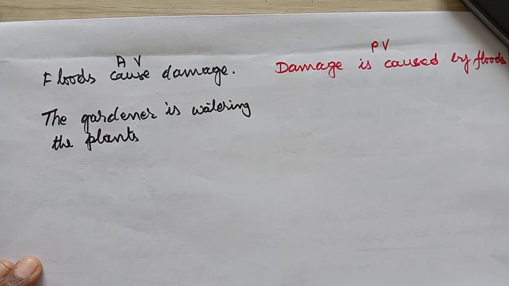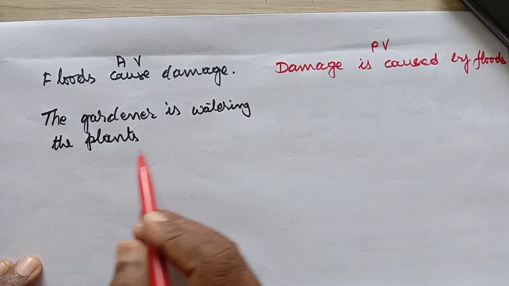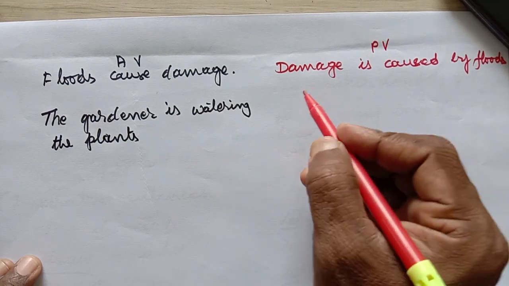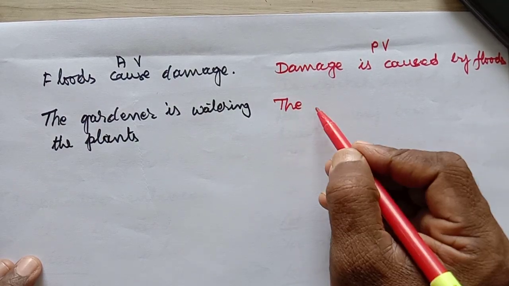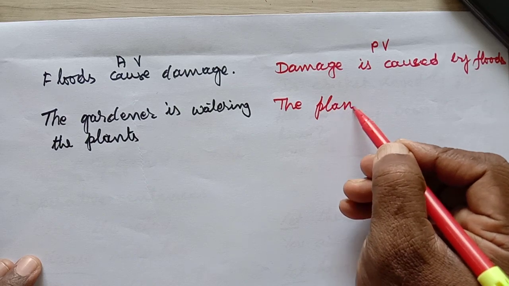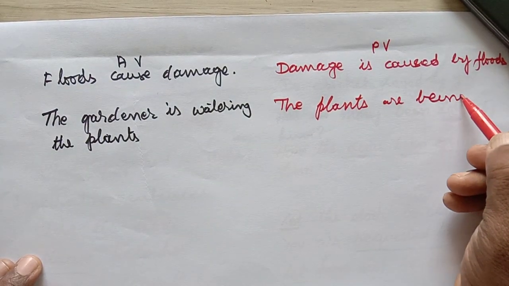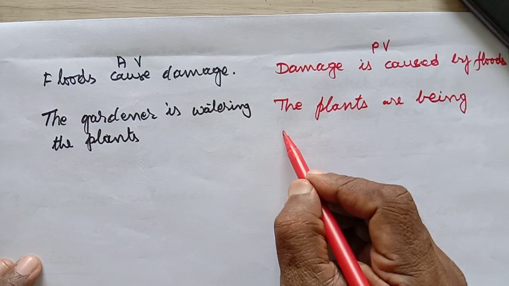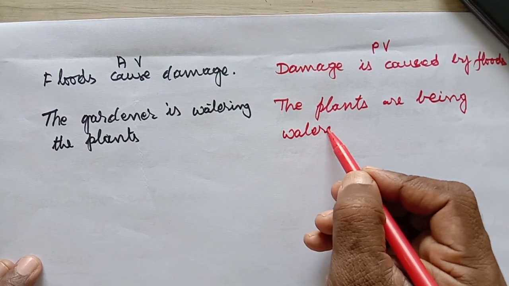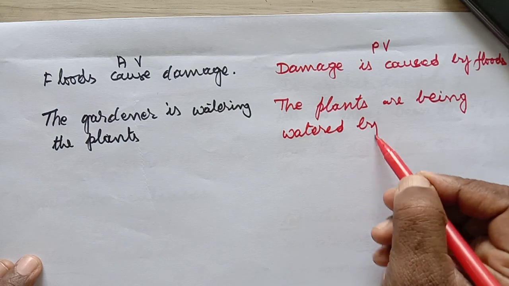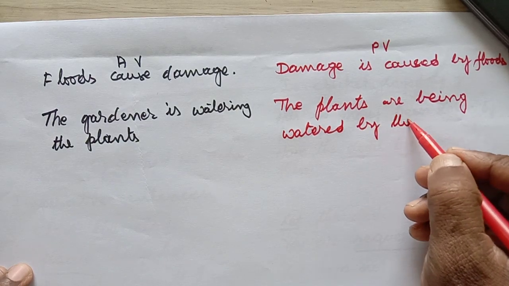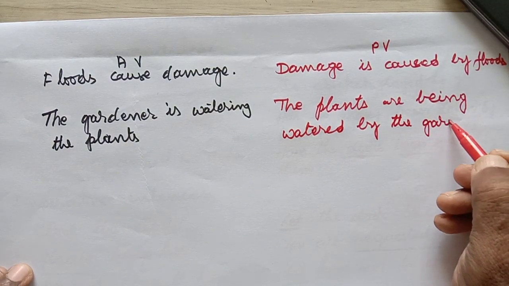Now, how can this be converted into passive? Straight away we can write, the plants are being watered by the gardener. Okay.